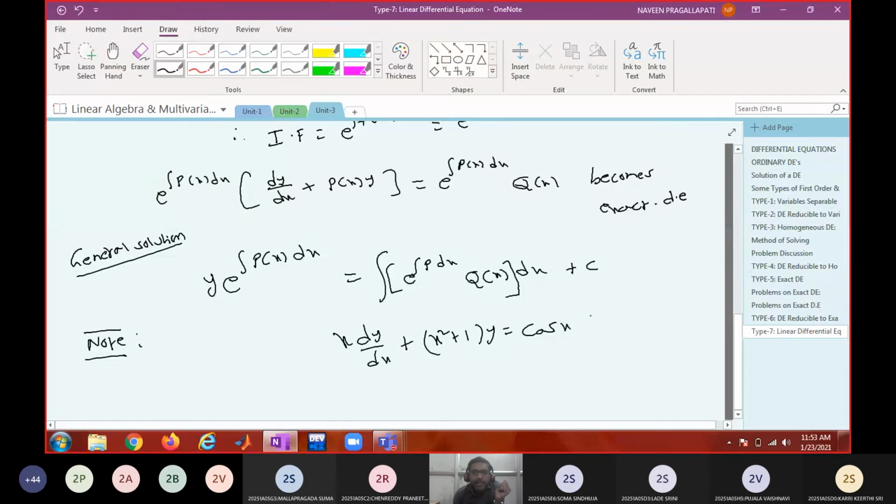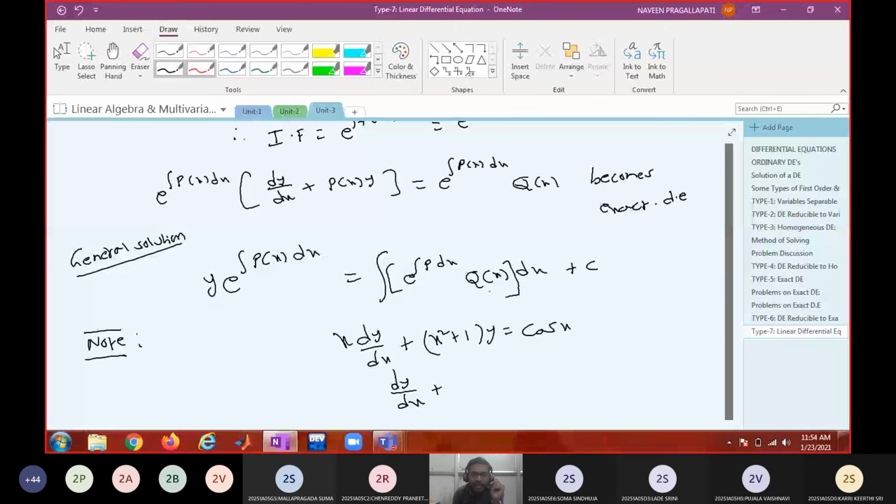Is this linear or not? My first question, is this linear or not? Yes. Second question, is it in standard form? No. You cannot say p is x square plus 1. What is p? First you need to divide by x.